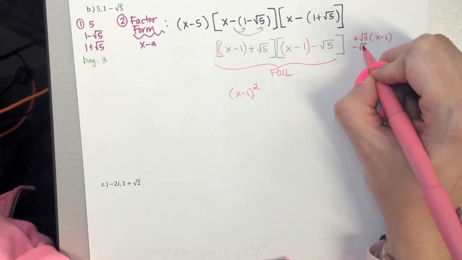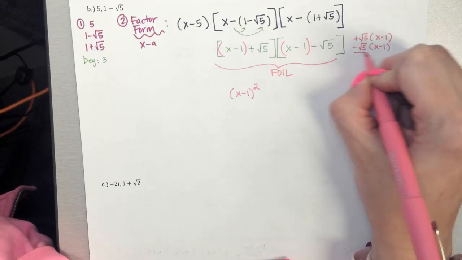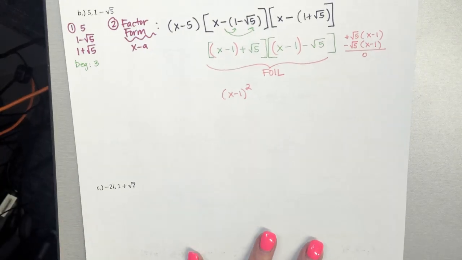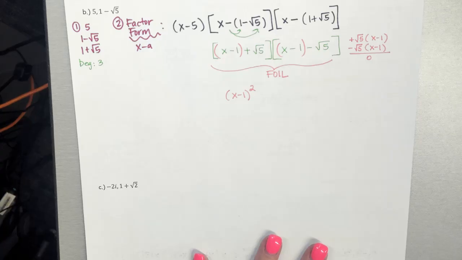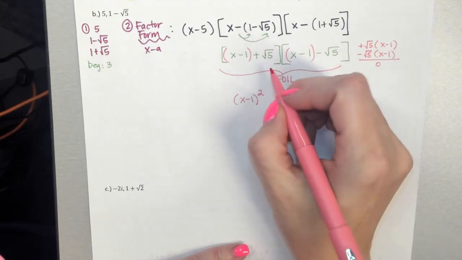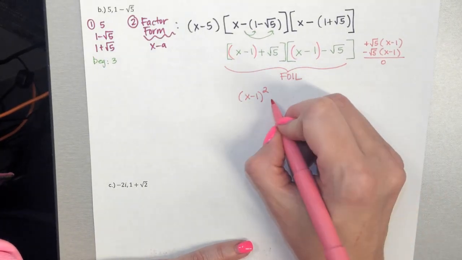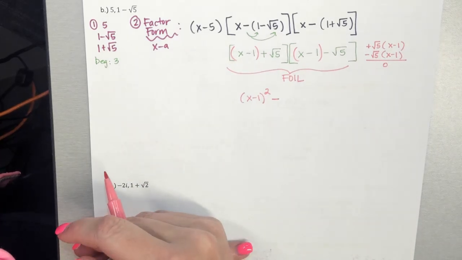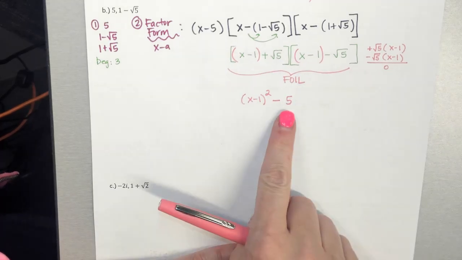On the outside, you'd have minus root 5 times x minus 1. Those would cancel out. If you've done this correctly, those should be conjugates, and the middle should cancel out to get 0. And then when you multiply root 5 times root 5, you are just going to get the square root of 25. What's the square root of 25? 5. So root 5 times root 5 is 5.